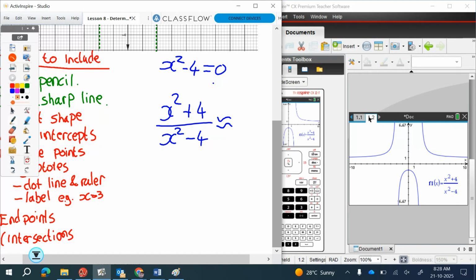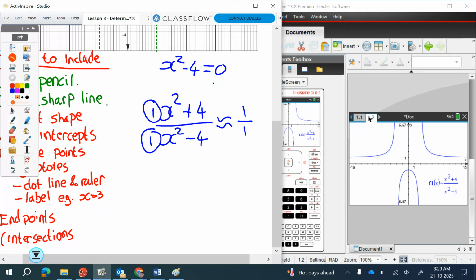This is approximately x squared over x squared, which is 1 over 1. I'm looking at the number here and the number here. They're 1s. So 1 over 1 gives you the horizontal asymptote. It's y equals 1. And we can see that visually on the calculator as well.